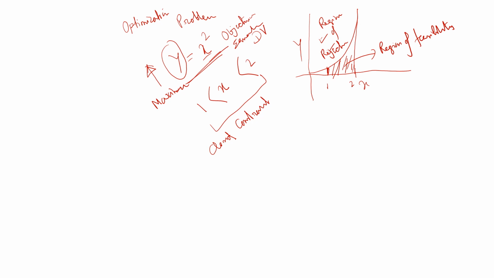Suppose this point is not there, so the constraint is only that x will be greater than 1. Then this is a one-sided constraint. Here the lower constraint is there, the upper constraint is open. This type of constraint is known as a right-handed constraint, and vice versa. If the left is closed, it is a left-handed constraint.